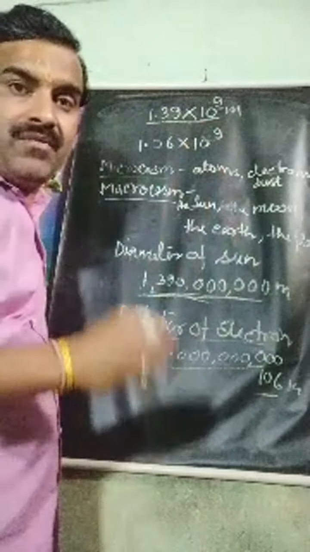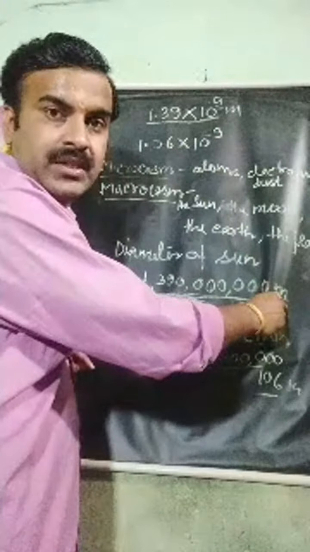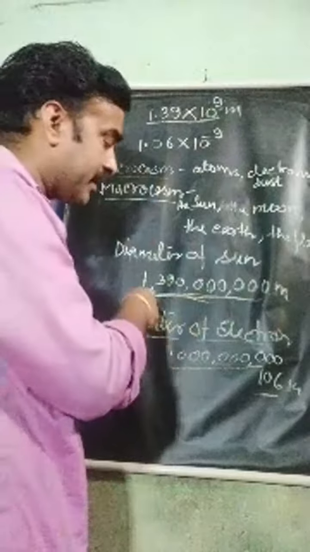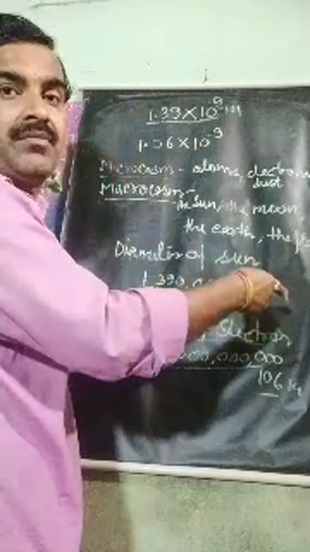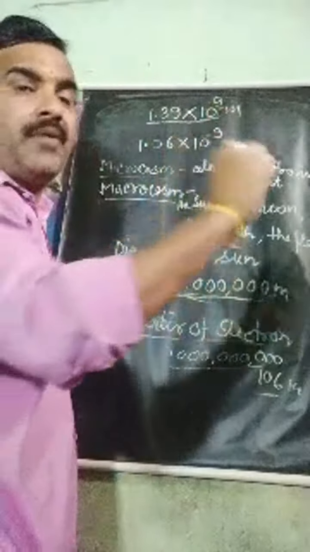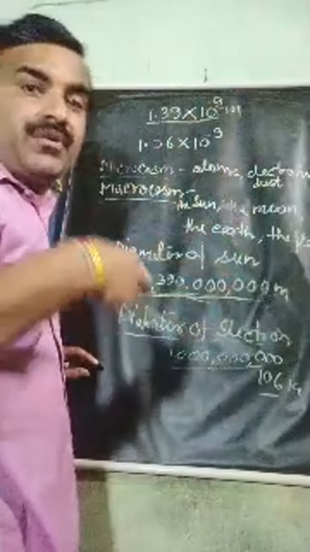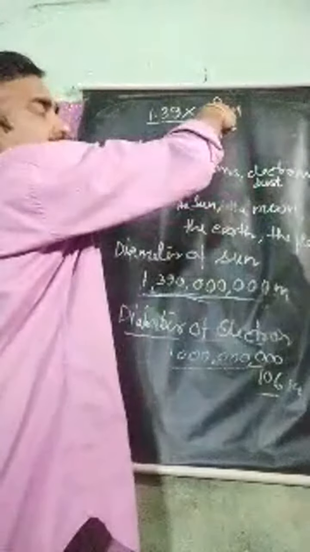Again I'm telling this thing, if we are moving from right to left and we want to write in exponential form, it will be positive exponential form. That means 10 to the power of whatever the number is, it will be in terms of positive.